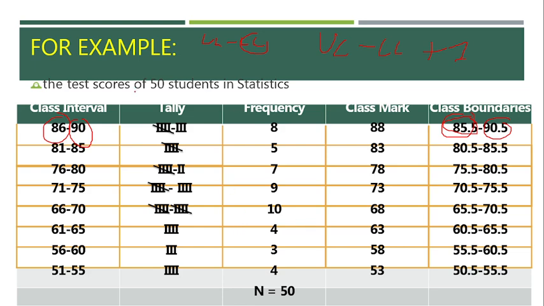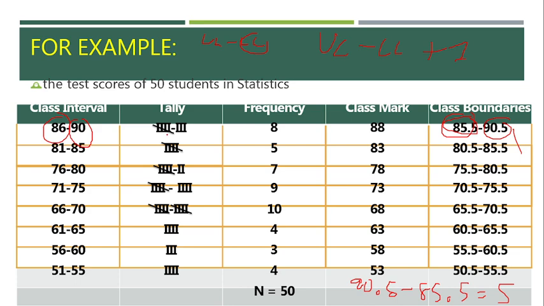So let's try this example. 90.5 minus 85.5. What is the answer? The answer is 5. Correct.